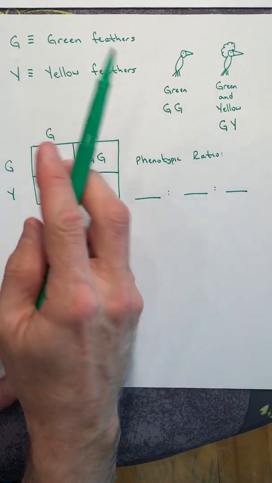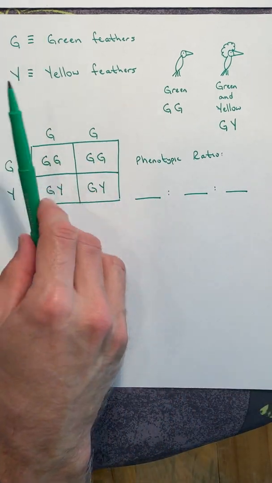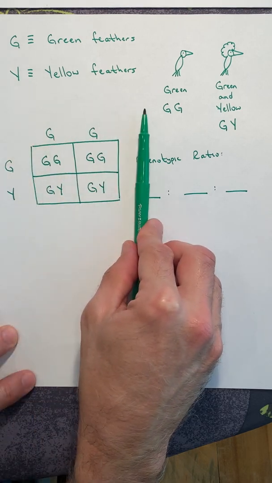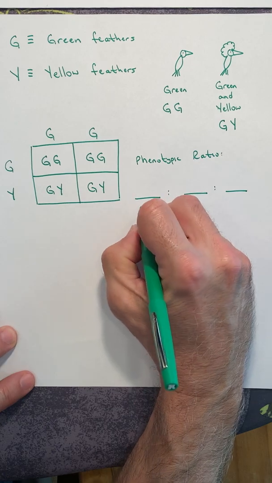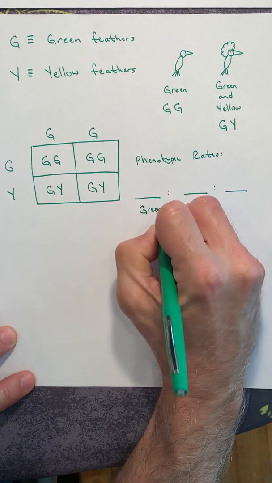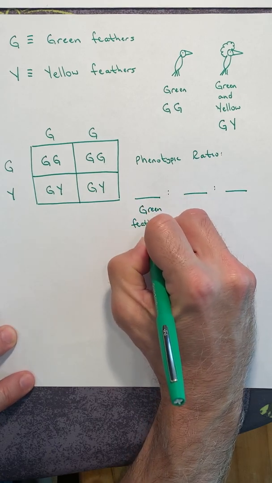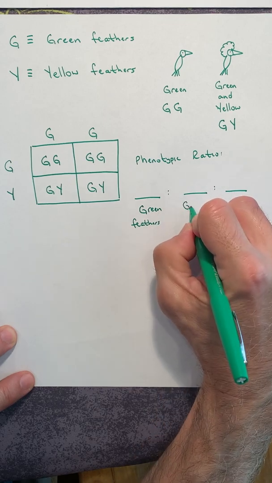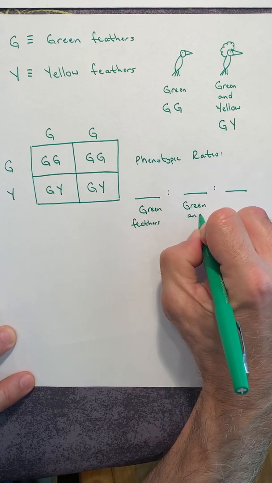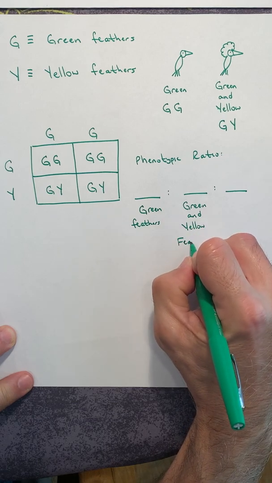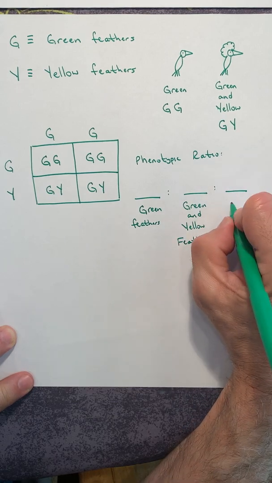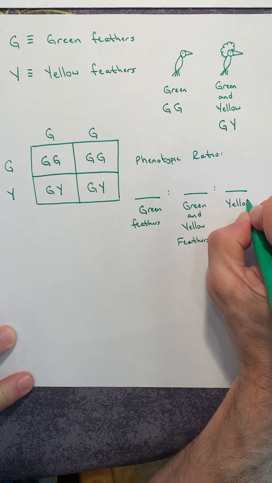Now, if we were to list the genotypes, it'd be GG, GY, YY. So the GG, or the green, comes first. This would be green feathers. This would be green and yellow feathers. I guess I'm capitalizing that one. And then this is yellow feathers.